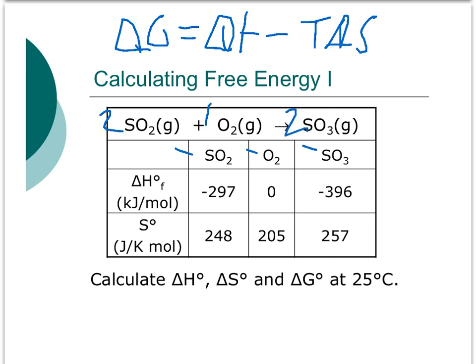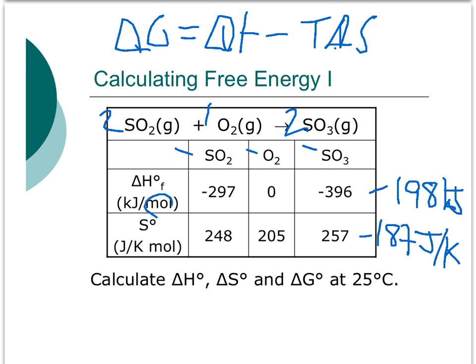Okay, so now we can go ahead and calculate the delta H. We would do a products minus reactants calculation for each of the delta H and the S. You should take the time to make sure that for the delta H, you would get a value of negative 198 kilojoules, and for the delta S, a value of negative 187 joules per Kelvin.